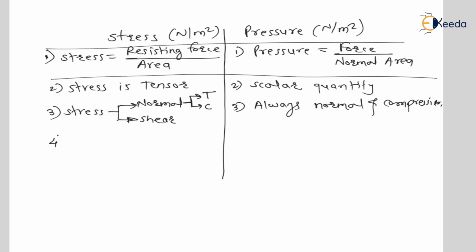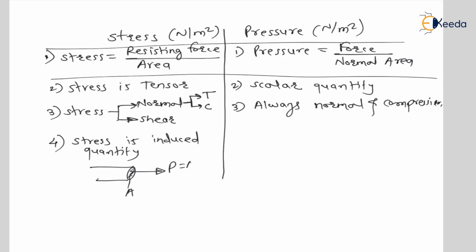Now the fourth point is that stress is an induced quantity. Let's say I consider one bar or element, and on this area I apply a force P, the applied force.